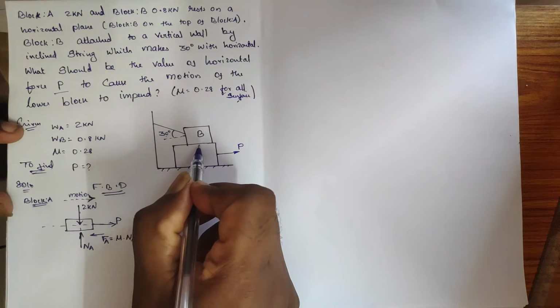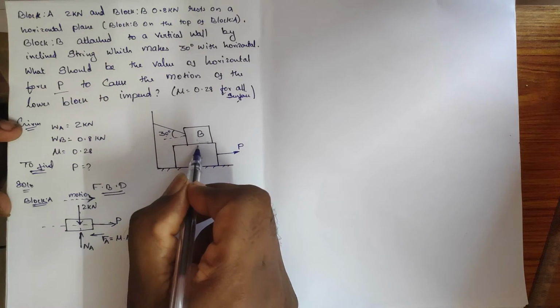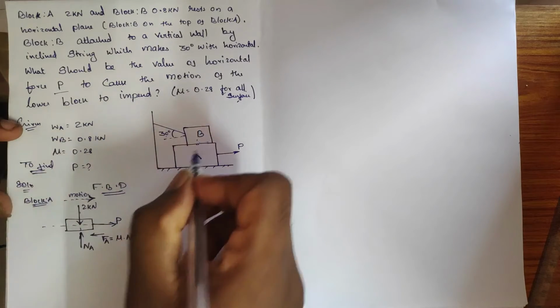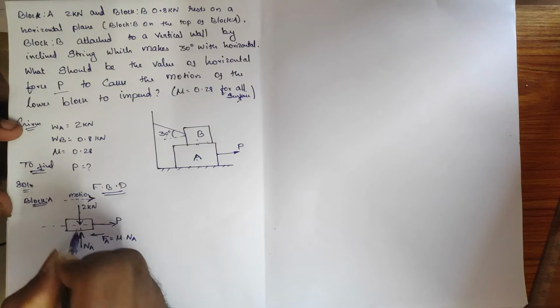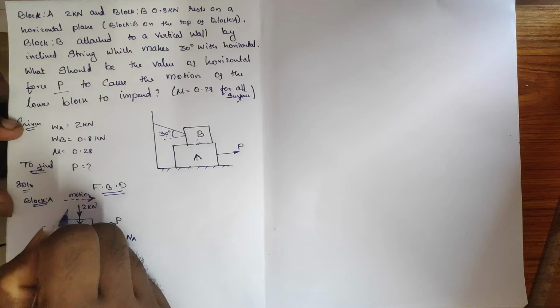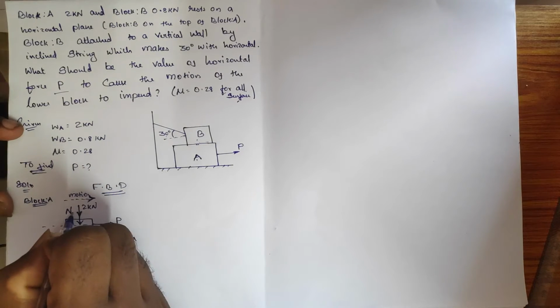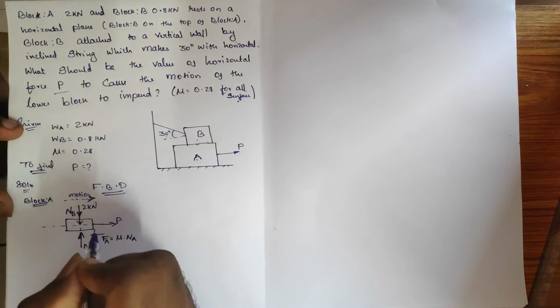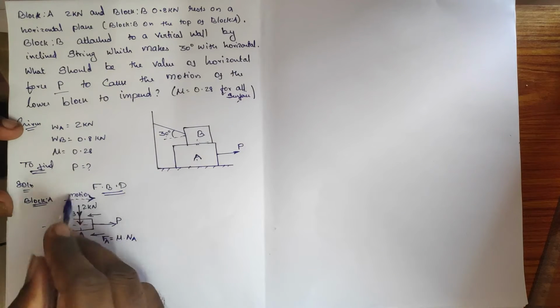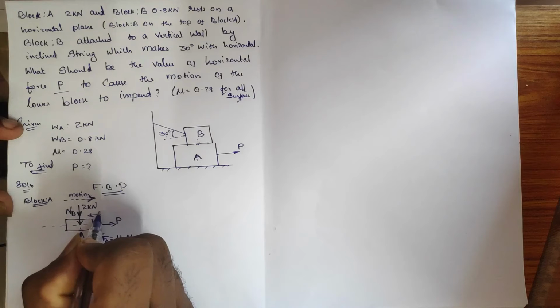At the top there as well we have contact, so the contact region will have a normal reaction. Here the normal reaction moves downwards, because of block B. So NB, and the friction here is also to the left side, opposite to the motion.